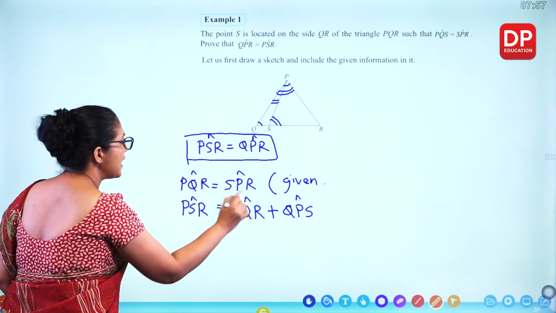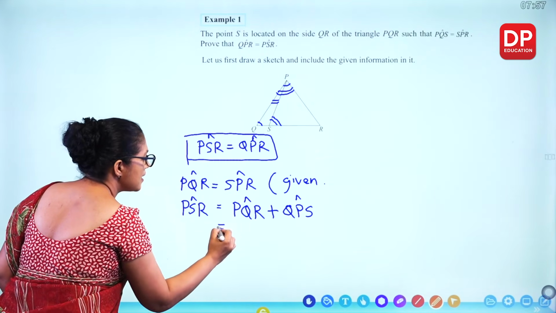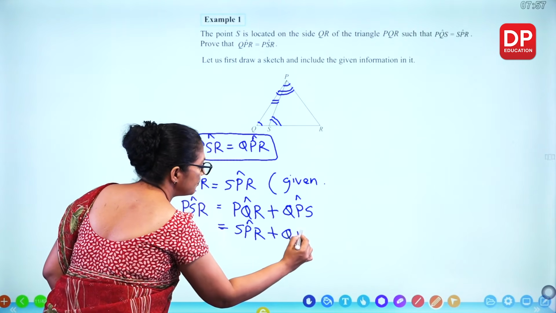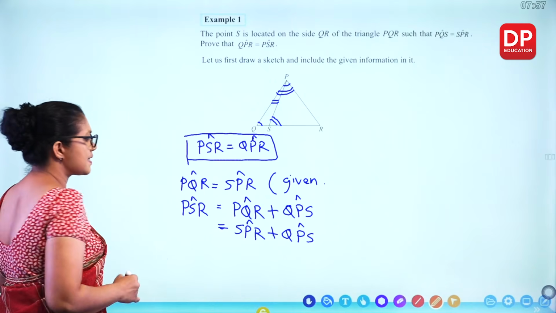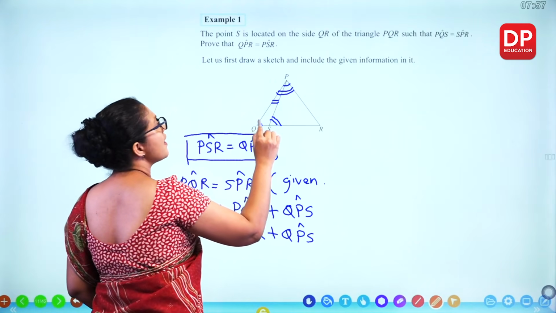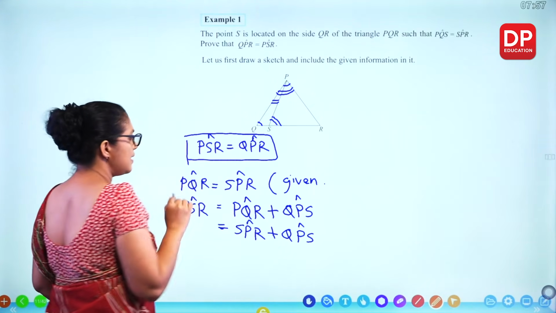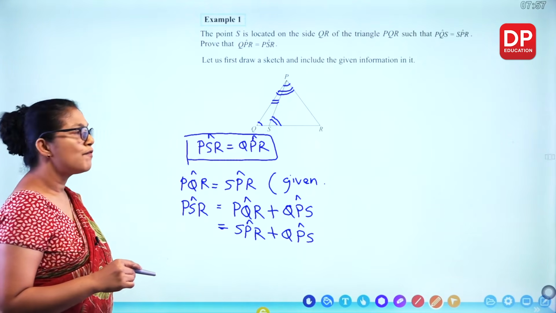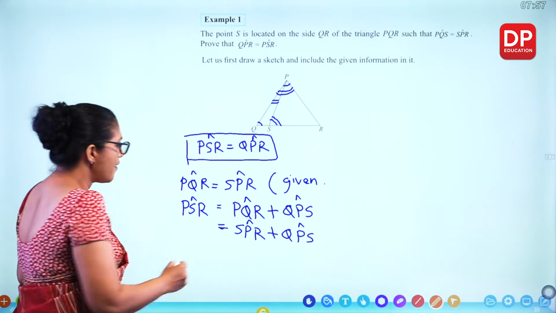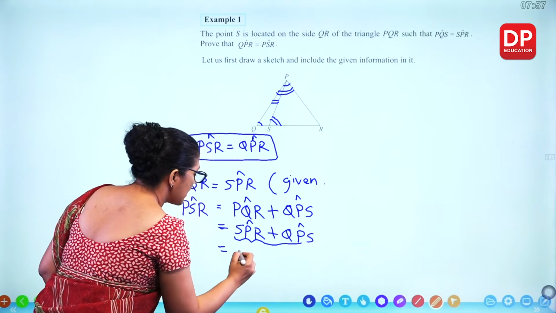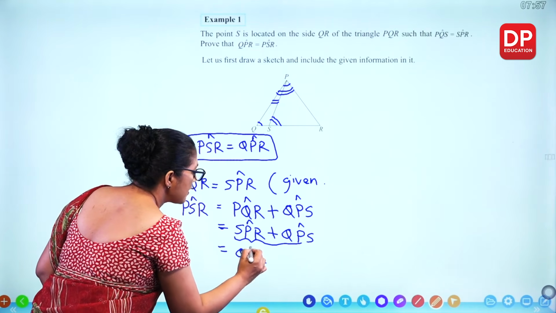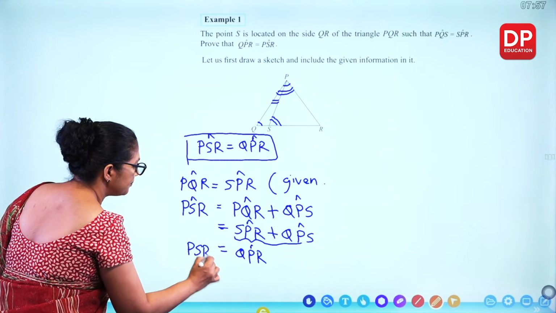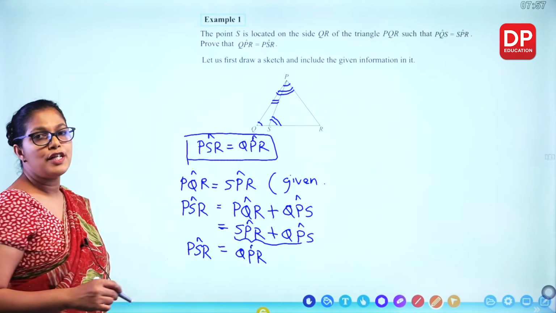Now, instead of PQR angle, I can write SPR. Now, what is this? SPR angle plus QPS angle. What do you get? The full QPR angle. So this becomes QPR angle, and that's equal to PSR. So that's what you need to prove.